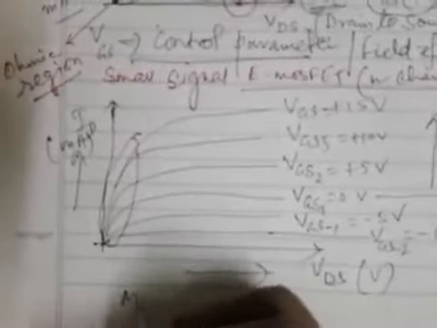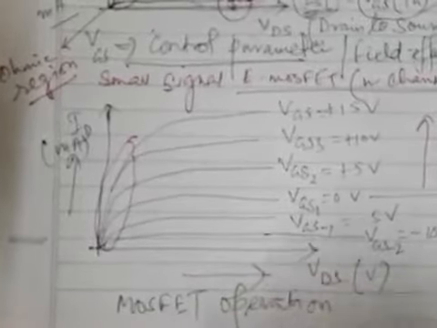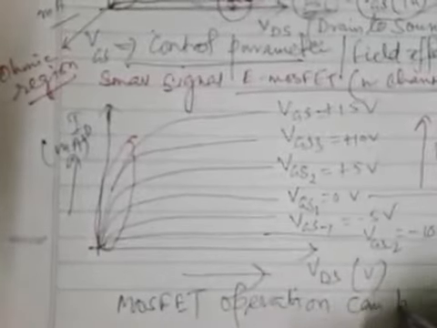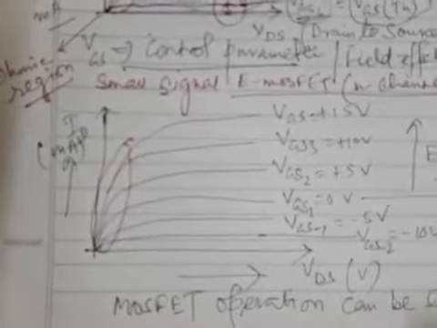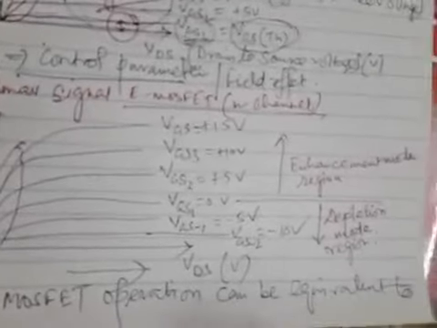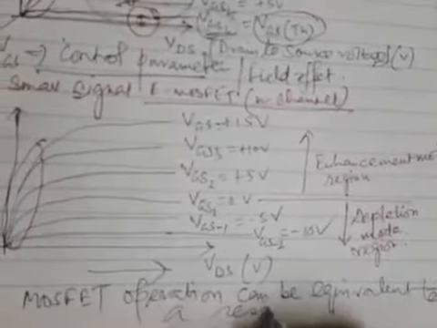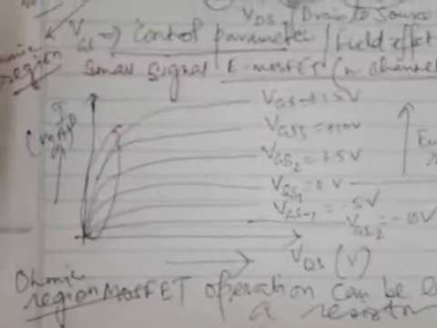So the operation of MOSFET can be equivalent to a resistor in the ohmic region. So this is one thing.